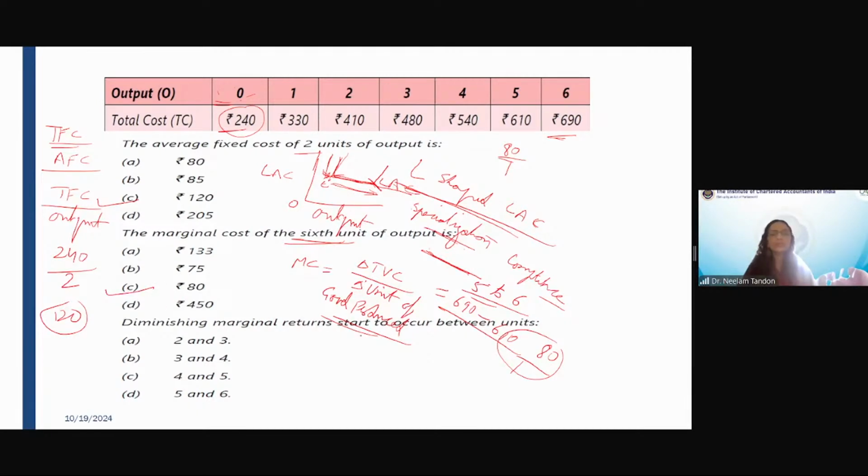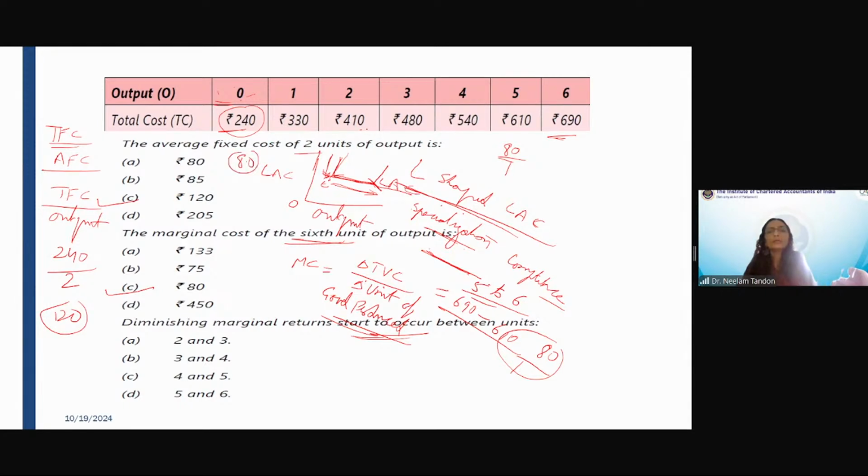Then next is: diminishing marginal returns start to occur between which units? For diminishing marginal returns, you have to look at marginal returns. You see here 410 minus 330, how much is that? 80.